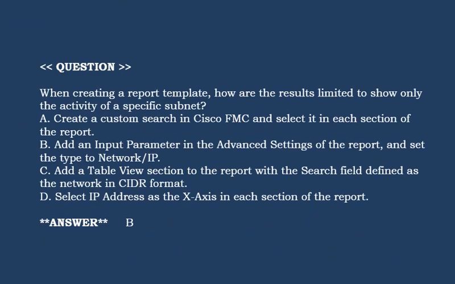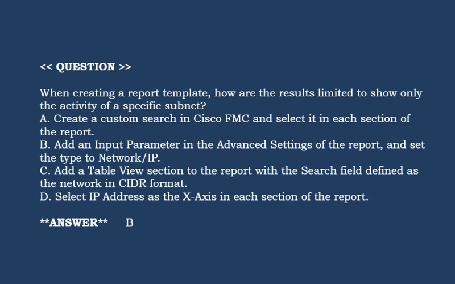Next question is, when creating a report template, how are the results limited to show only the activity of a specific subnet? Option A. Create a custom search in Cisco FMC and select it in each section of the report.